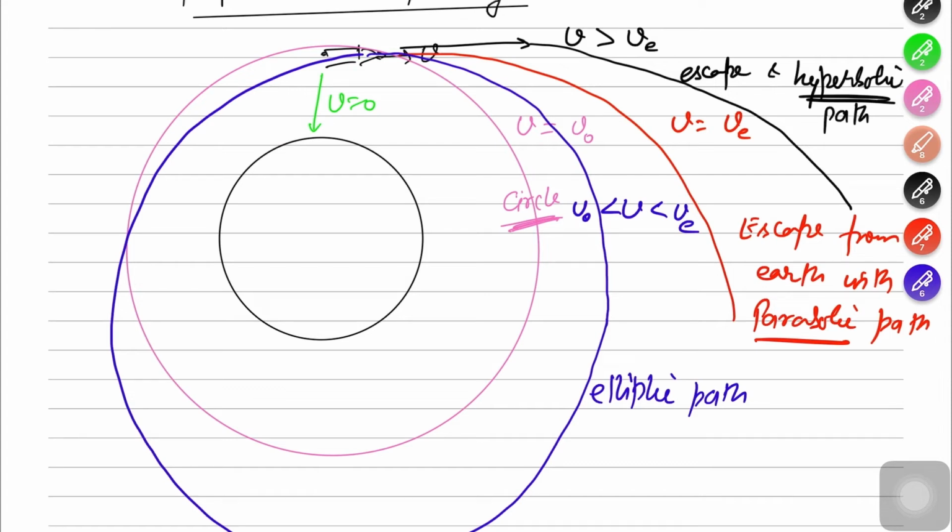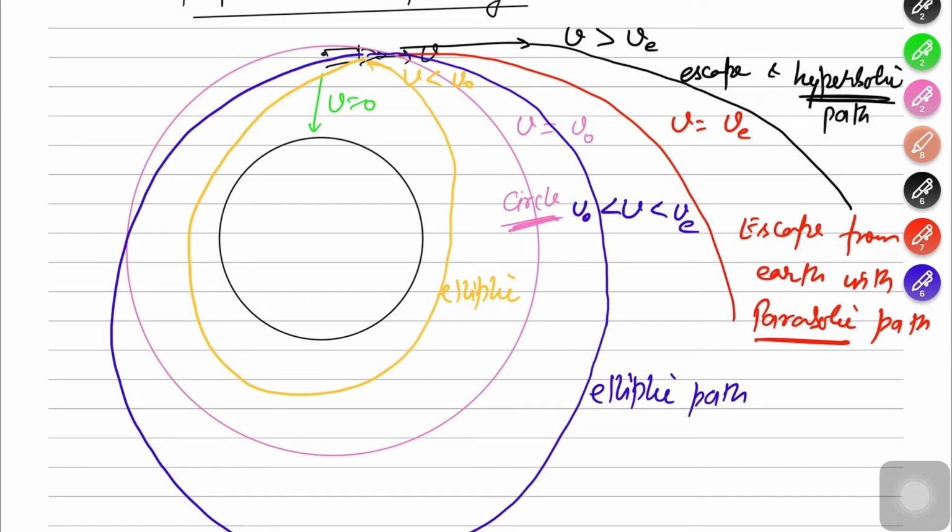And next, what happens if it is projected at a velocity less than orbital velocity? In this case also it will follow an elliptic path. So as the velocity varies from 0 to escape and higher than escape velocity, it will have a different path.